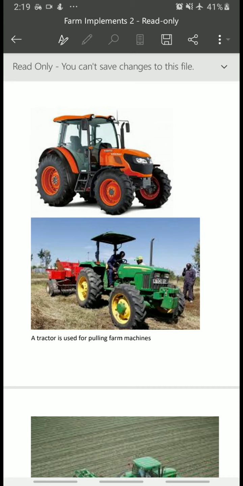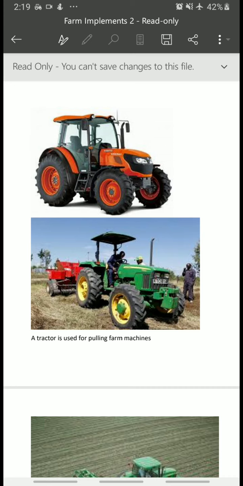This is a tractor. These two pictures show a tractor. The tractor by itself is what you're looking at up there, that red one. That's how a tractor looks. This green one is a tractor that already has something attached to it.